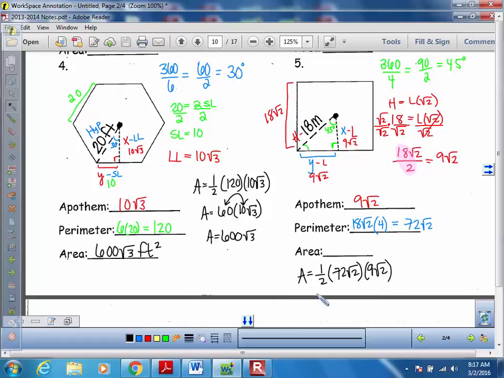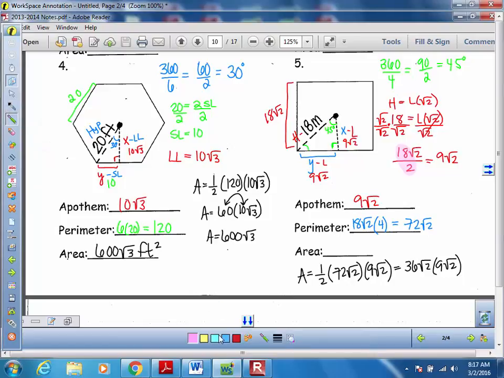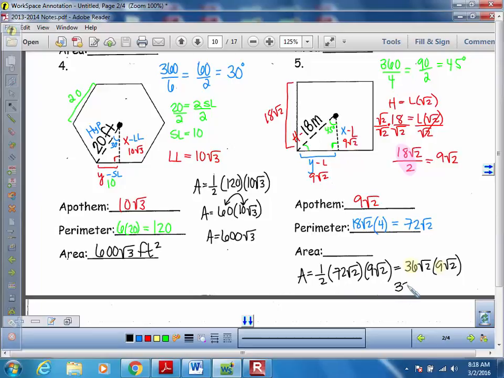I know that half of 72 is 36, so this would be 36 square roots of 2 times 9 square roots of 2. And the way this works is we're going to multiply what's outside together and what's inside together. So 36 times 9, that's going to give me 324.